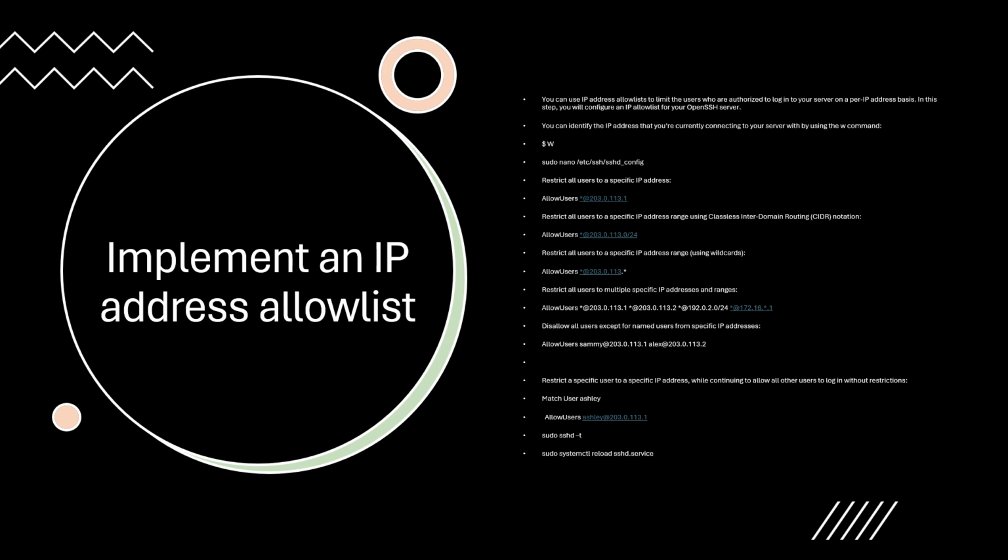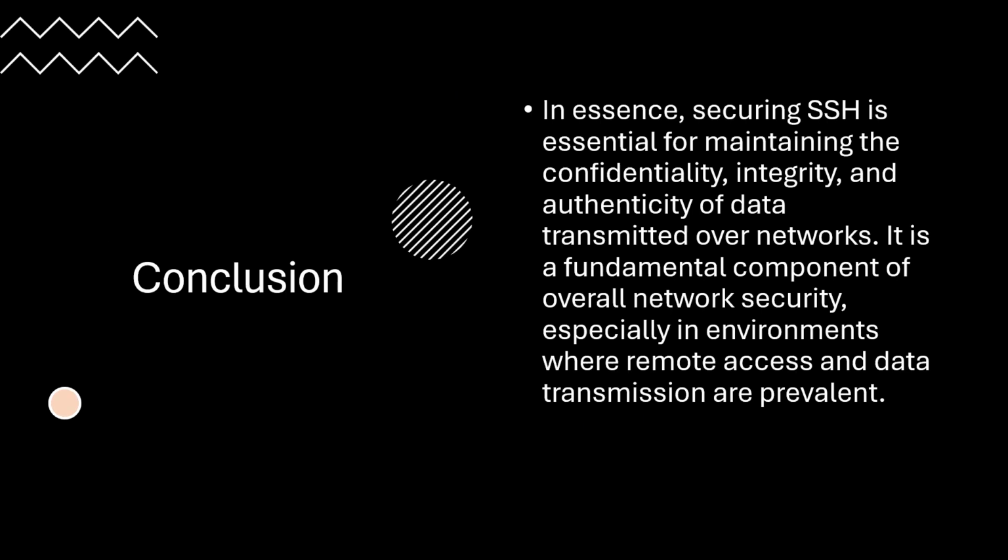So you would Match User Ashley and then AllowUsers Ashley@203.0.113.1, and then use the command sudo sshd -t, and then to make sure this is implemented, you would use sudo systemctl reload sshd.service.